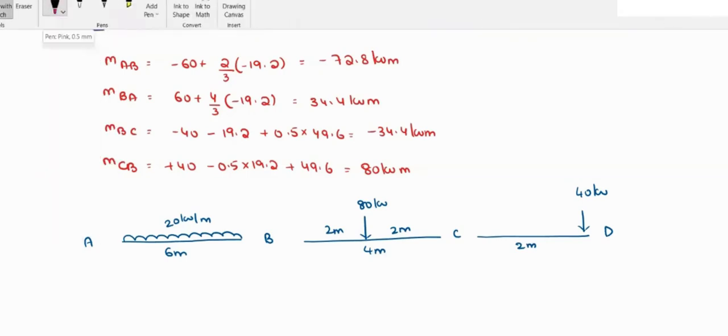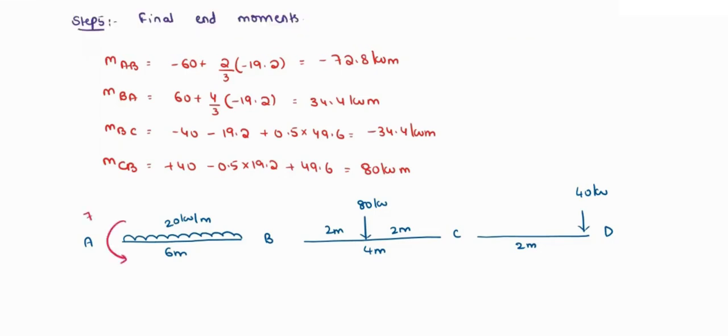Now I'm going to represent the moment. Here MAB you're getting as negative, so that means anti-clockwise direction of 72.8 kilonewton meter. Again, BA you're having a positive value, so that is clockwise. And BC you're having again negative, anti-clockwise, so that is 34.4 kilonewton meter.